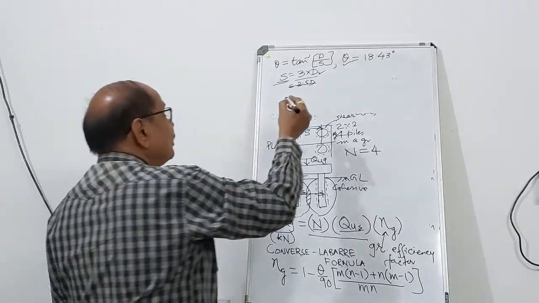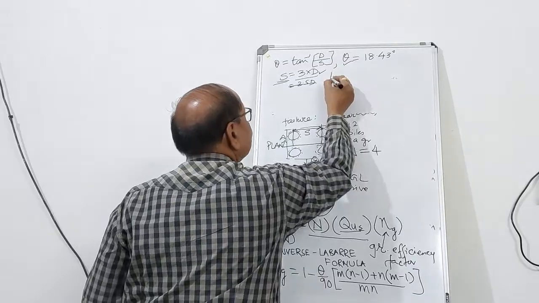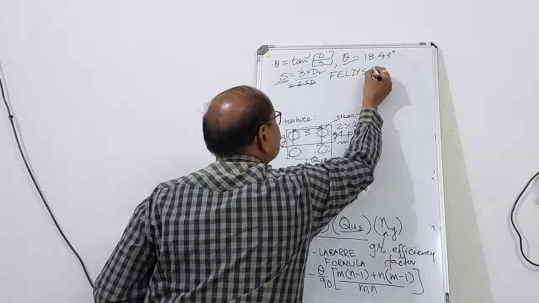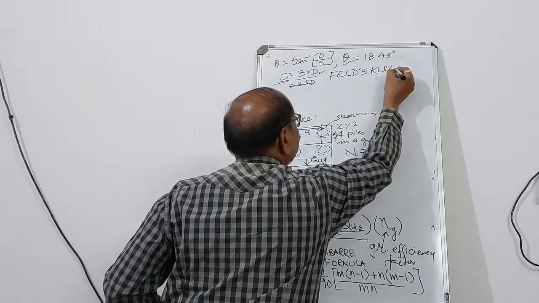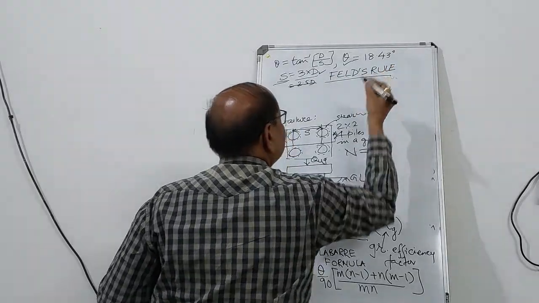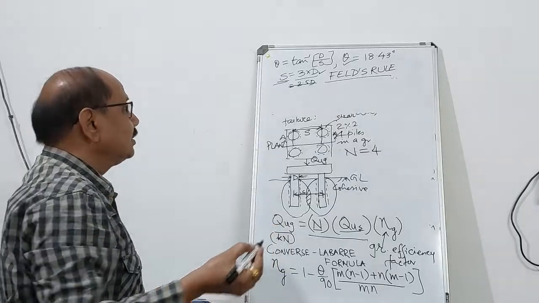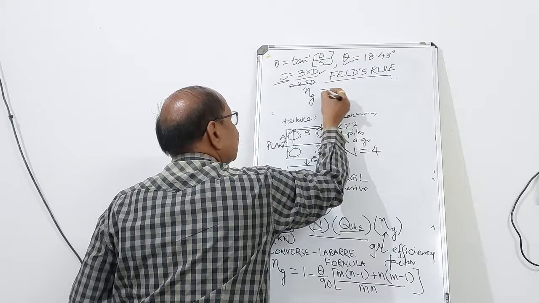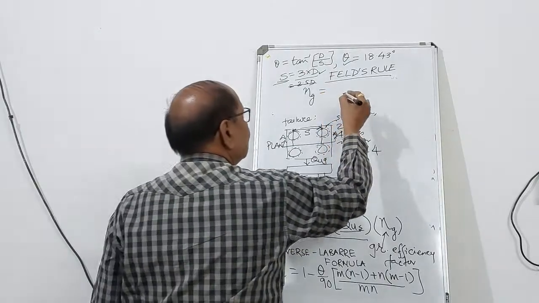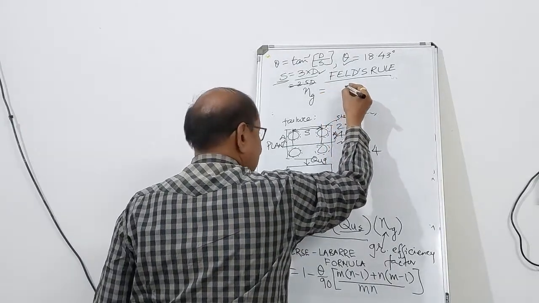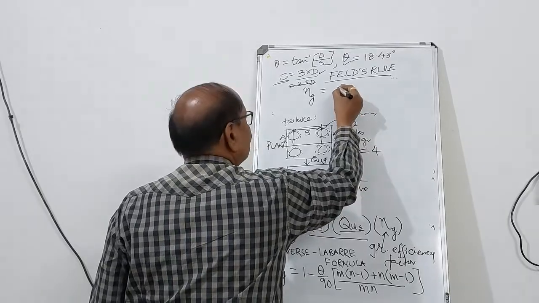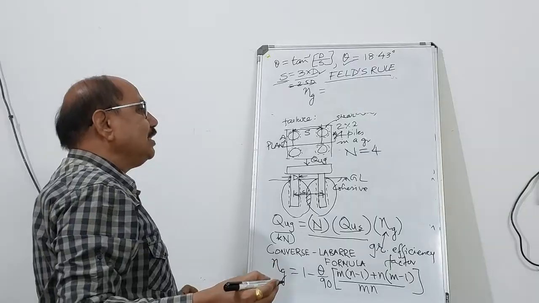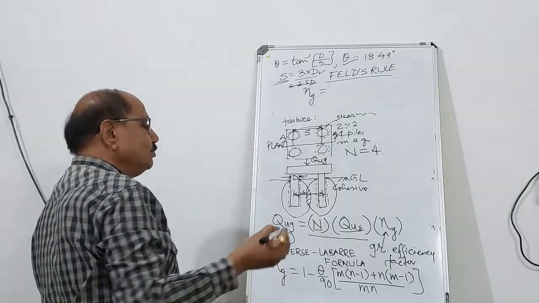This is the simplest way. Eta G can also be found out using Feld's rule. So Feld's rule can also be used, which says that this eta G is given as 1 by 16th times, of the piles' interaction.